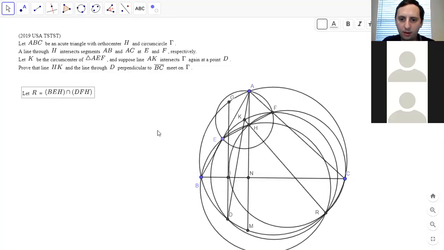And then we have angle BRC is BRH plus CRH.